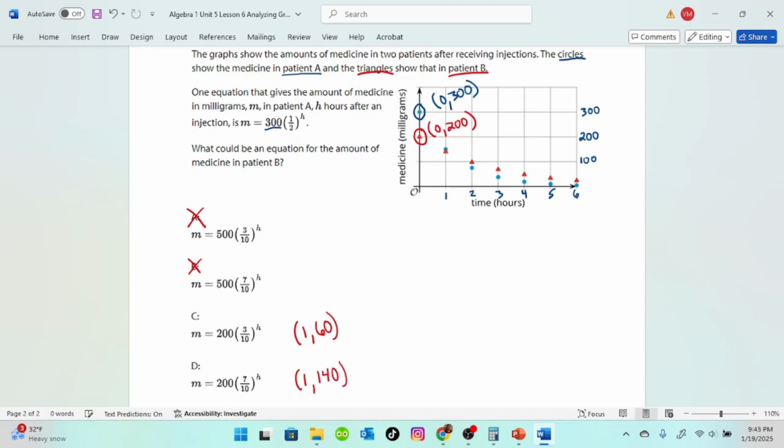So let's see which one makes sense. If this line here is 100, and the next triangle is above 100, then this red triangle must be at 140, because 60 would be down here somewhere below it. So that means C cannot be correct. D must be the correct answer.